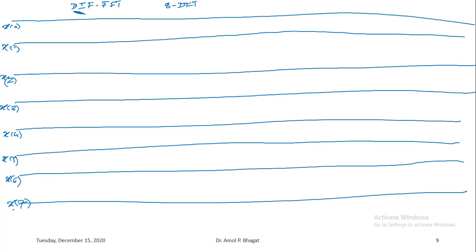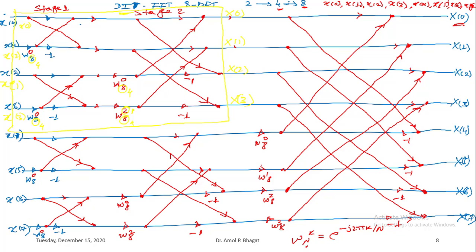There is no decimation in time, it is decimation in frequency. So the input, that is the time domain signal, will be in sequential order 0, 1, 2, 3, 4, 5, 6, 7. Here the decimation was in time: x of 0, 4, 2, 6, 1, 5, 3, 7, while the output was in sequential order: x of 0, 1, 2, 3, 4, 5, 6, 7.